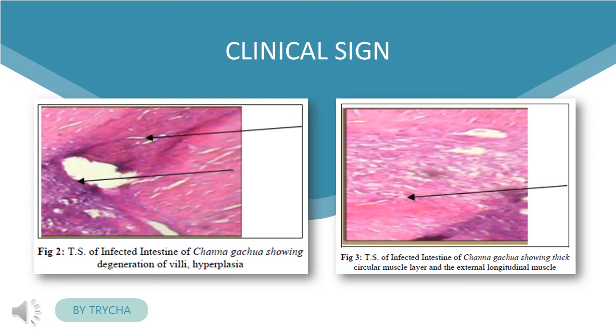The pathological effects show degeneration of villi, ruptured serosal layers, swelling and vacuolation in the tunica muscularis and lamina propria, and irregular shape of villi, abnormal formation of thick circular and longitudinal layers.